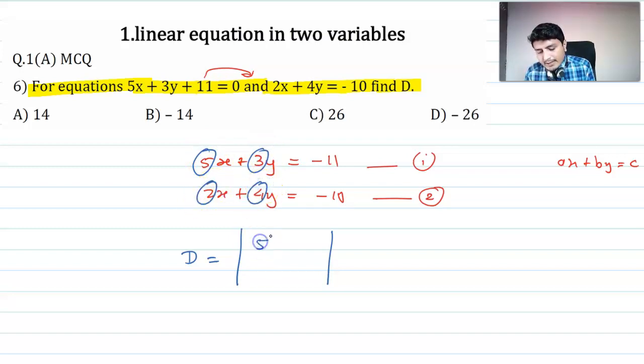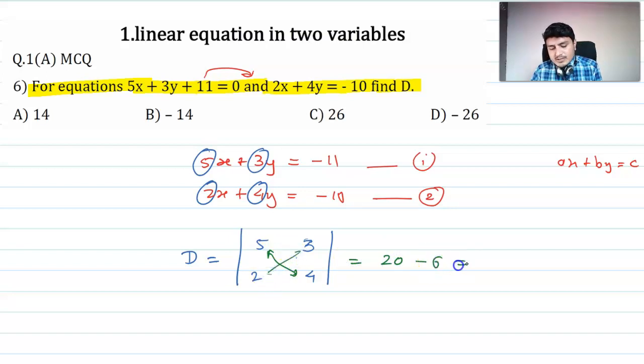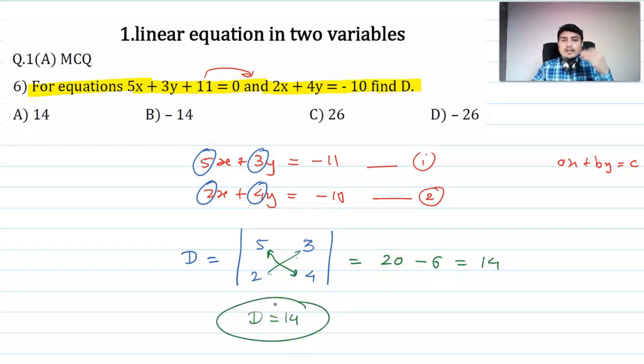So the elements of the determinant are 5, 3, 2 and 4. Now we have to evaluate the value of D, meaning simplify this determinant. How to simplify? First diagonal elements multiplication. 5 4s are 20 minus the other diagonal elements multiplication. 3 2s are 6. Now 20 minus 6 we have 14. So the value of D for the given simultaneous linear equations in two variables is 14.